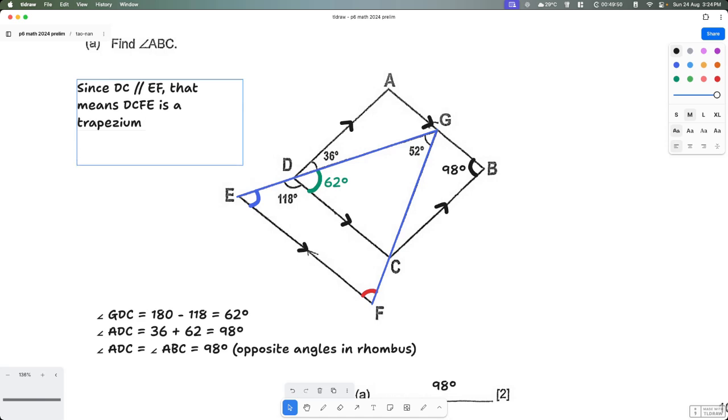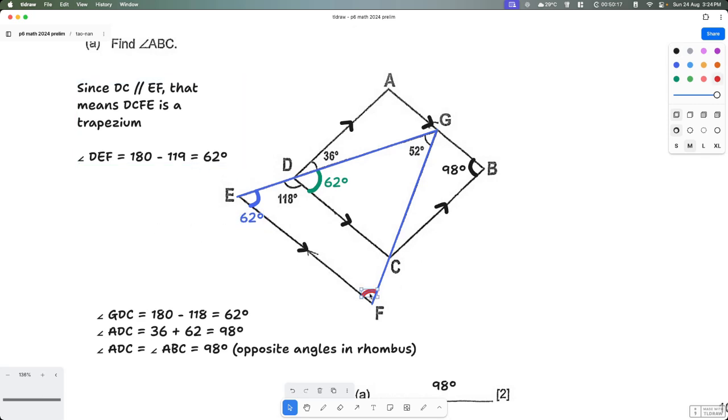So angle DEF is equal to 180 minus 118 again, which is also 62 degrees in this case. Okay, 62 degrees and 62 degrees in purple. So now we know that this is 62 degrees as well.